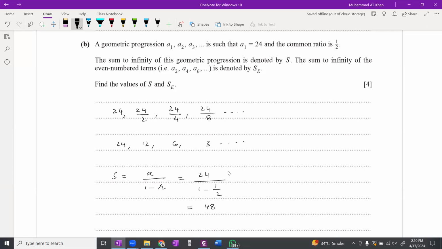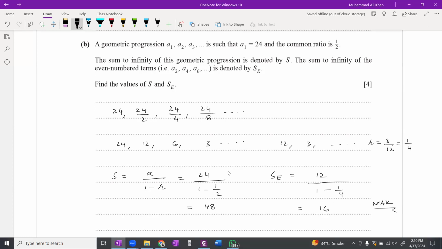And after that, the sum of the even terms, which are 12, 3, and so on. a is 12 divided by 1 minus r. What is r according to this? It will be 3 upon 12, which is 1 over 4. So now, here the result is 16. Hopefully it is clear.